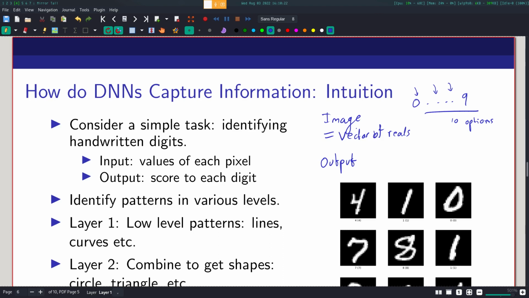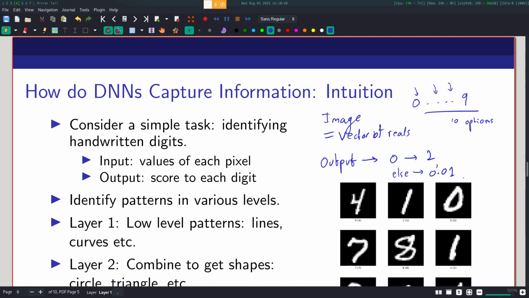For example, if 0 gets a score of something like 1, whereas everybody else gets a score of say 0.01, then we know that the neural network is telling us that it's really confident that this digit is 0.